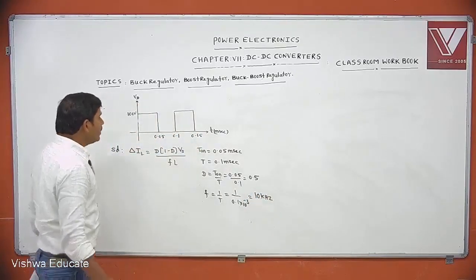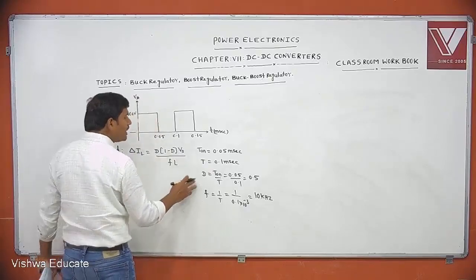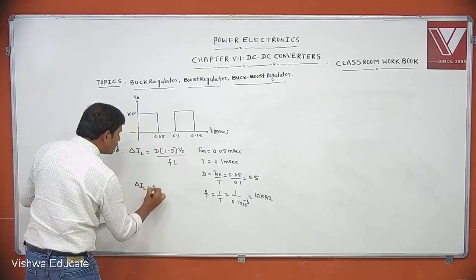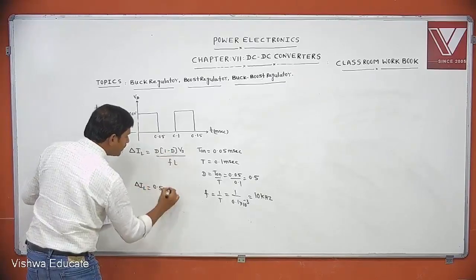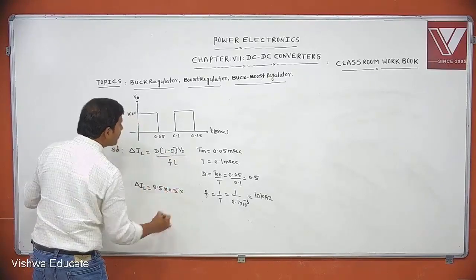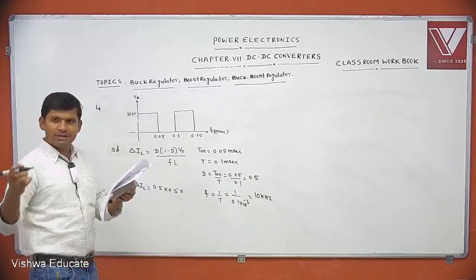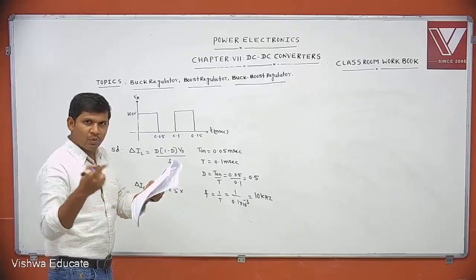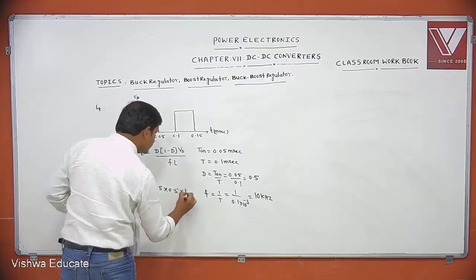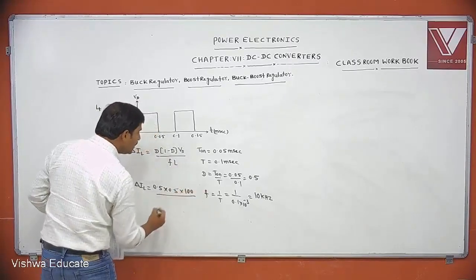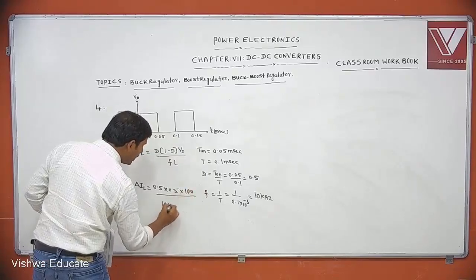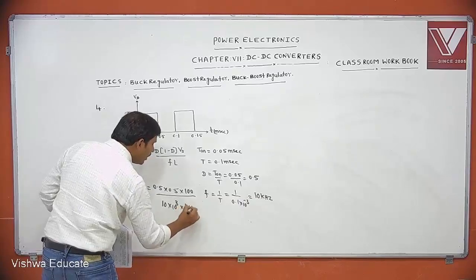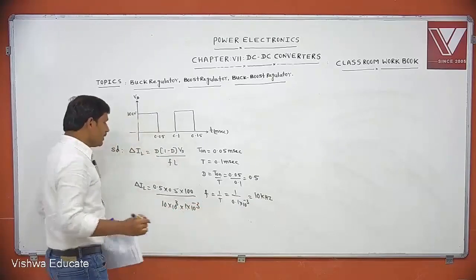Then you know this frequency and the duty cycle, so you find the peak to peak ripple current. That is 0.5 into (1 minus 0.5), which is 0.5, into the supply voltage, 100, which is given in the circuit in the class workbook, by the frequency, calculated as 10 kilohertz, and the inductance given in the circuit.